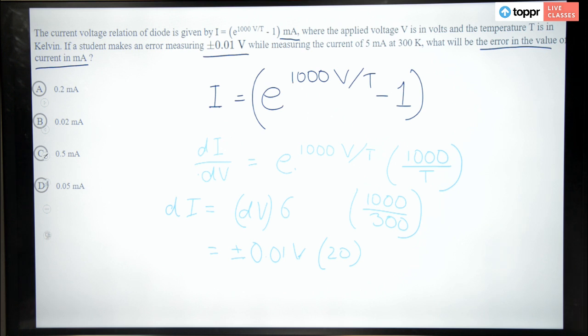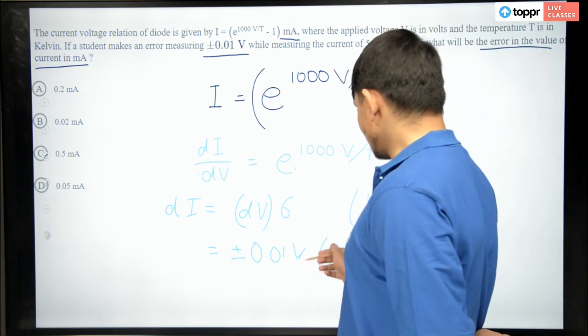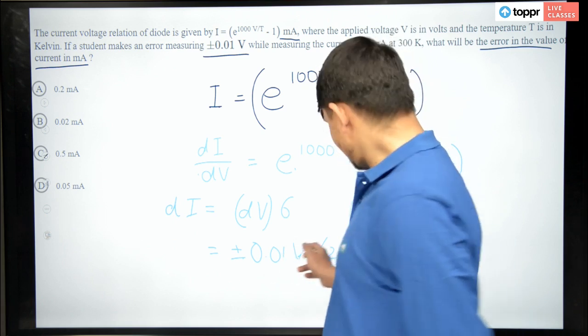So the current voltage relation of the diode is given by... okay, I think I have written one part wrong here.